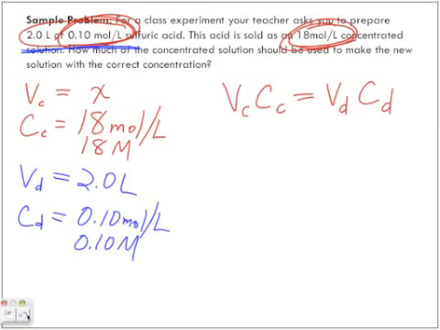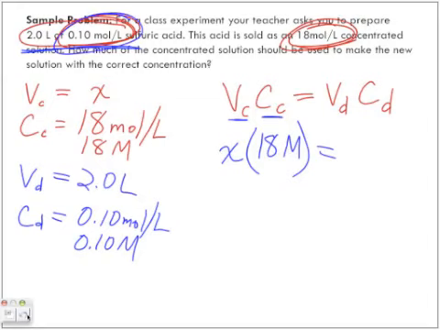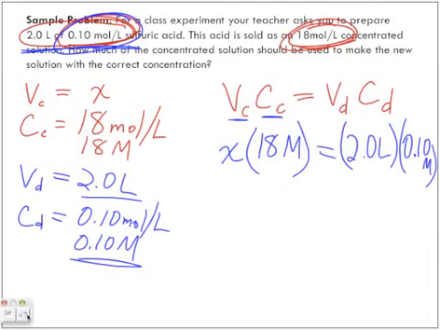Once we've got our equation, then we substitute. We don't know the volume of our concentrated solution, so we have X. X is being multiplied by the concentration of our stock solution, which is 18 moles per liter, equals the volume of our diluted solution, 2.0 liters, multiplied by our diluted concentration, which is 0.10 moles per liter.